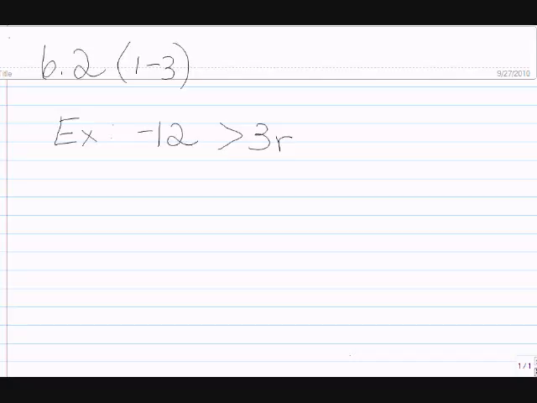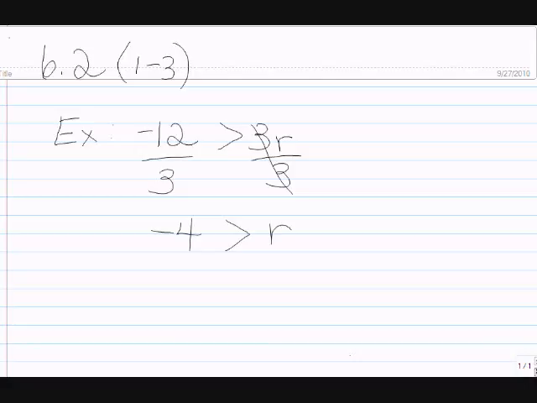I divide both sides of the inequality by 3. Divide by 3, divide by 3. Negative 12 divided by 3 is negative 4, is greater than, the 3 over 3 is 1, so negative 4 is greater than r.